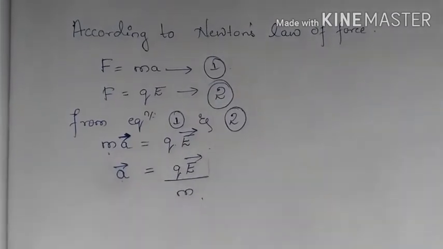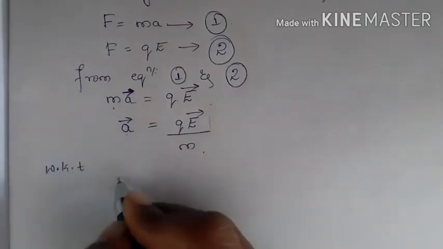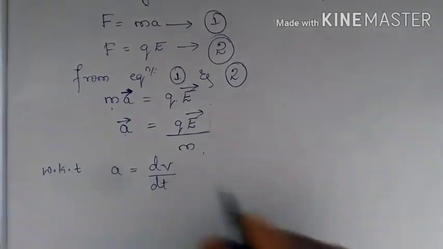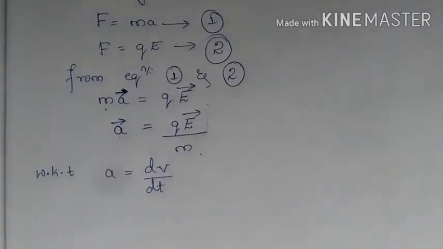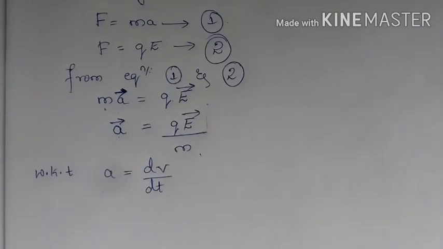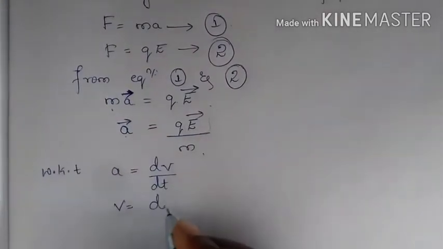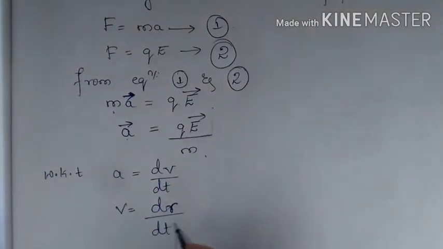But we know that a is what? Rate of change of velocity, dv by dt, and velocity is what? Velocity is rate of change of displacement. So velocity is dr by dt. r here represents the displacement.